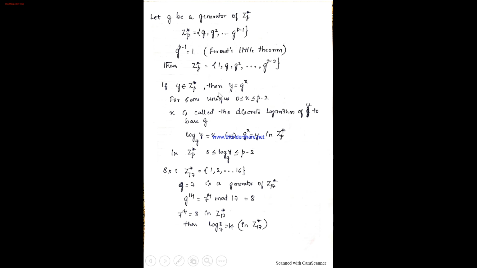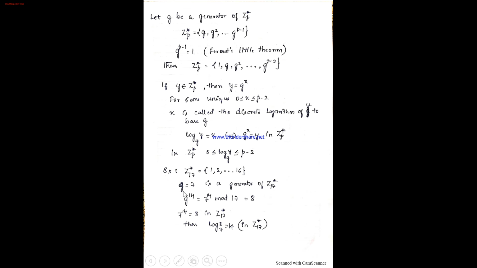Now interpreting this statement: log Y to base G is equal to X, that is, G to the power of X is equal to Y in Zp star. Are you following? In Zp star, the value of X will lie between 0 to P minus 2. Why P minus 2 came here, I guess you understood.